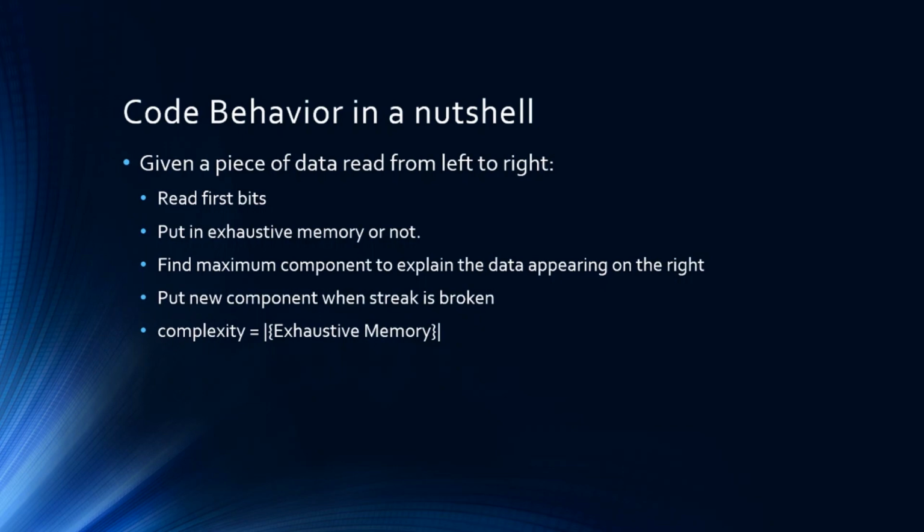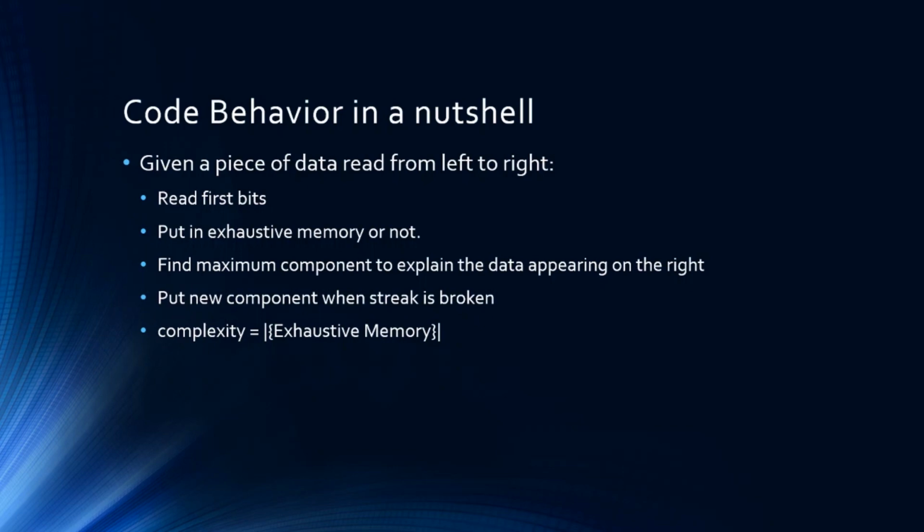You read the first few bits, and if you've never seen these bits before, you put them into an exhaustive memory. If you saw them before, you don't put them in. For instance, if you have 0, 0, 0, 0, 0 all the way through, you saw it once, you put it into memory, and then all the subsequent 0s are just repeating a pattern you already saw.